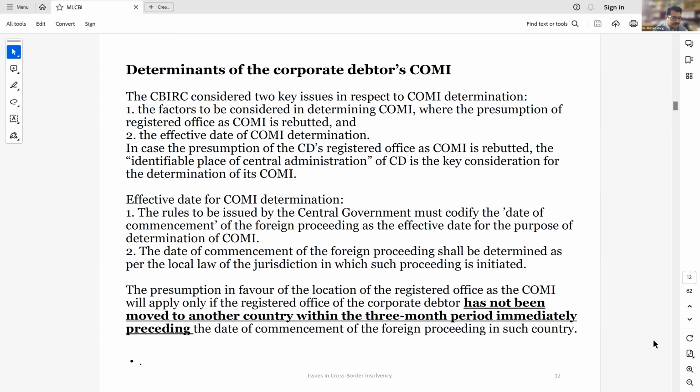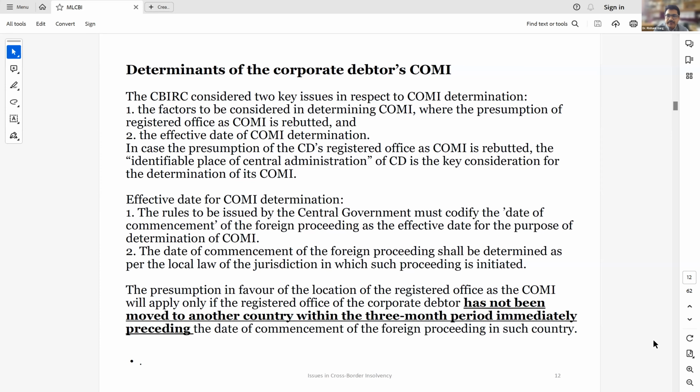Apart from that, the committee, which is the CBIRC, the cross-border insolvency regulations committee, considered two issues in respect of the COMI determination. So what is COMI?